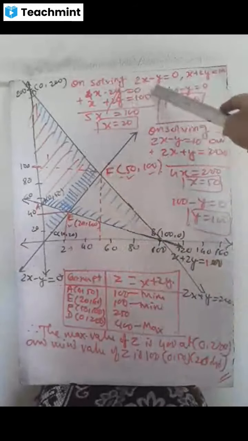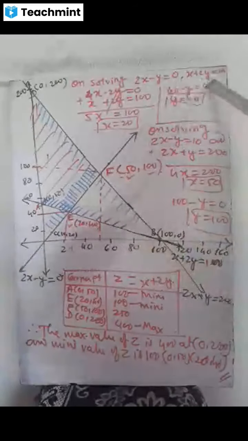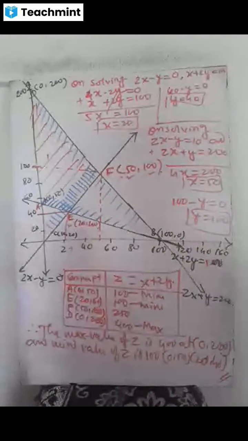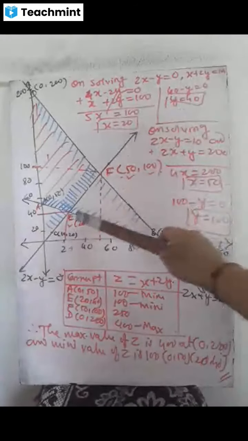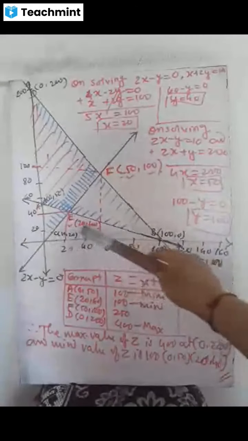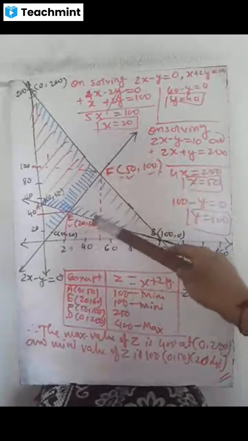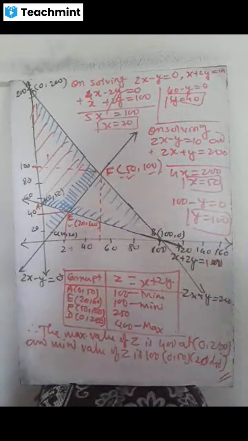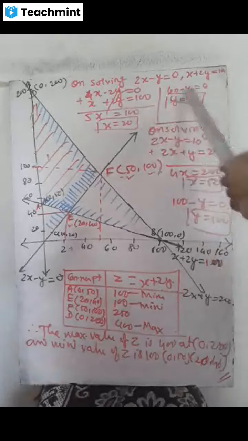So we are solving 2x minus y equal to 0 and x plus 2y equal to 100, and we got x as 20, y as 40. So whatever points we get from the graph are exactly correct, because after solving we got the same values.